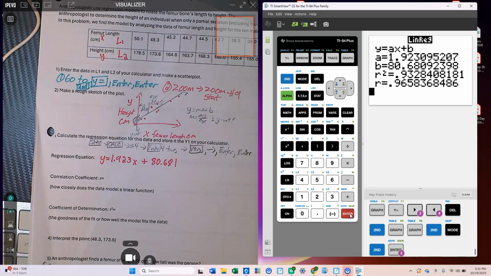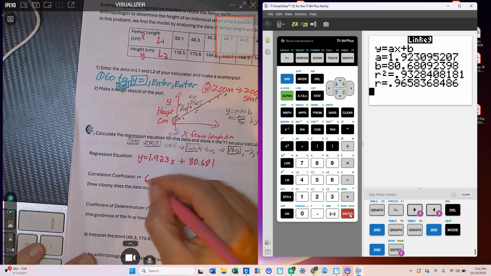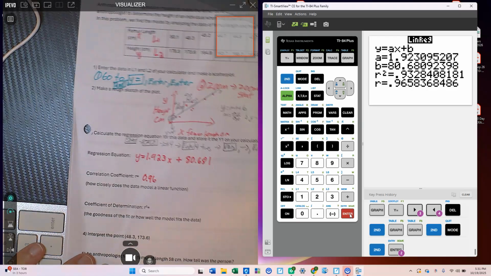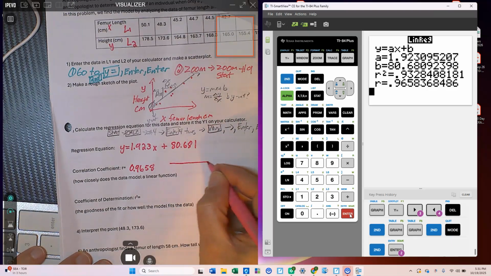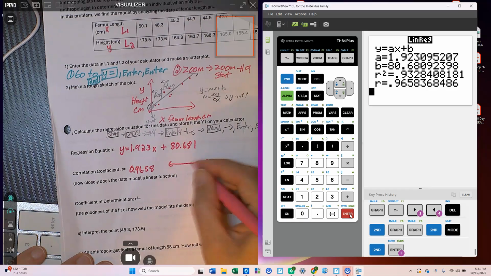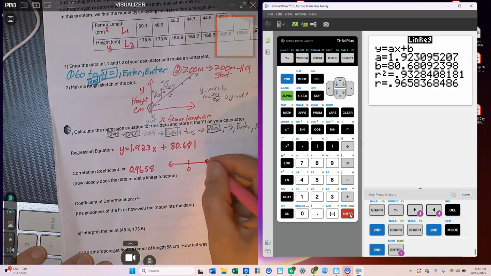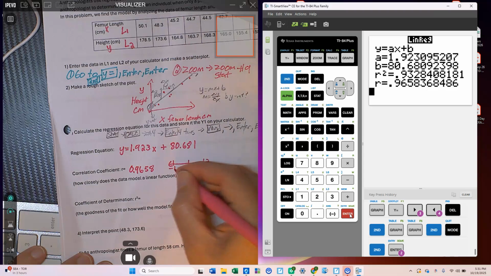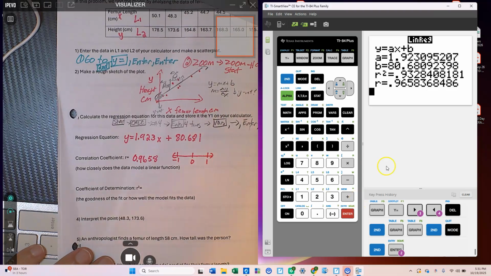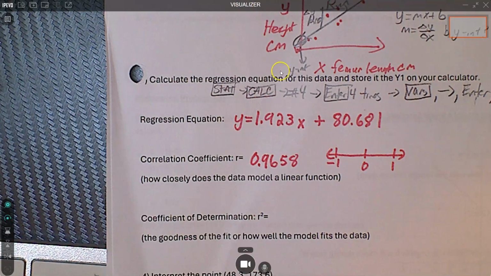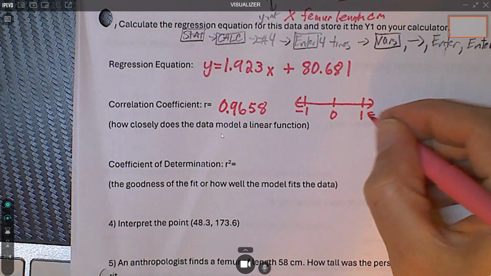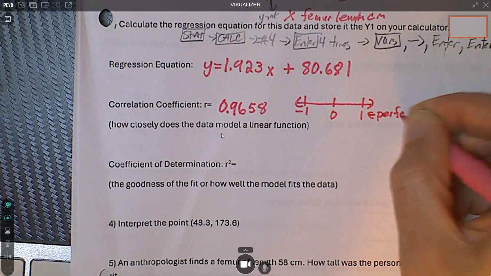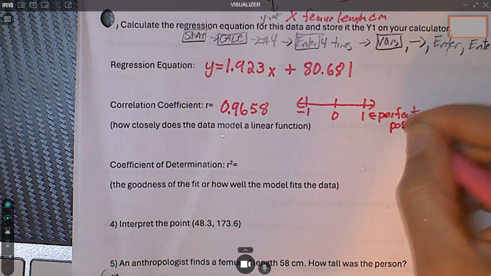If you press second enter, it runs it again. R is the correlation coefficient. Okay, the closer R gets to 1, perfect positive relationship.